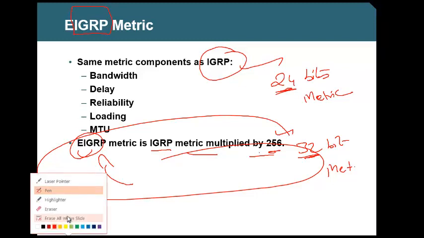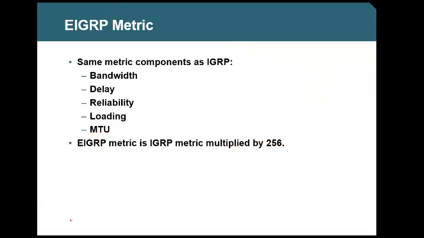But these 5 metrics are common for both IGRP and EIGRP: bandwidth, delay, reliability, load, and MTU. The 5 metrics of EIGRP are bandwidth, delay, load, reliability, and MTU. Though I am showing you 5, actually bandwidth and delay is what is focused. These 3 are not considered.